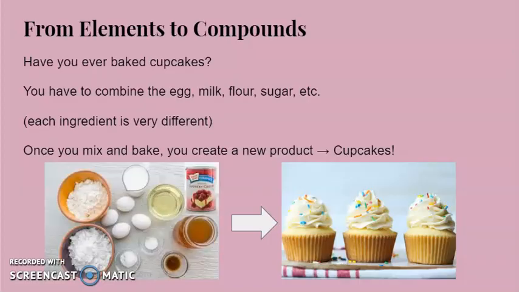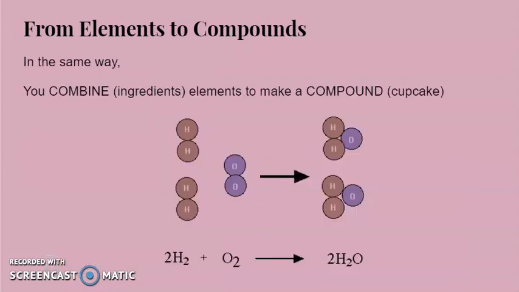But before we get into that, if you've ever baked cupcakes before, you have to combine the egg, the mix, the milk, the flour, the sugar, and all the different stuff. Even though each ingredient is very different, once you mix it all together and bake it, you create a totally different product. In that same way, when you take elements that are completely different and combine them together, they form a very different and new product or compound.